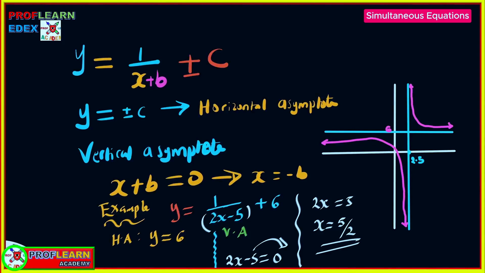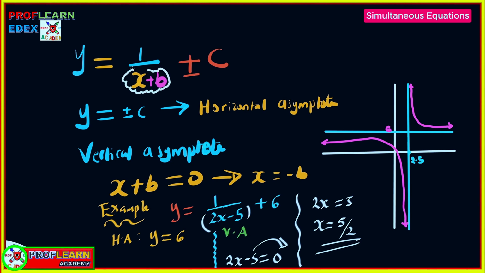So that's why I said that the horizontal asymptote is plus or minus c. That value that could be there, either plus or minus, will be the value of the asymptote. The vertical asymptote is going to be given by this value that we have at this given point.